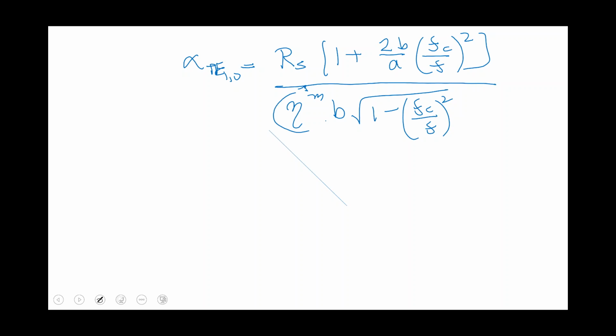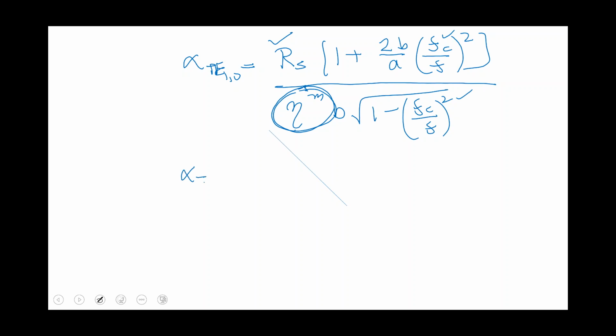This eta which is coming in this equation, that is the medium eta. It's not the eta of the mode. That is the eta of the medium. So this one doesn't have any frequency component. Rs has a frequency component. This has a frequency component. This has a frequency component.